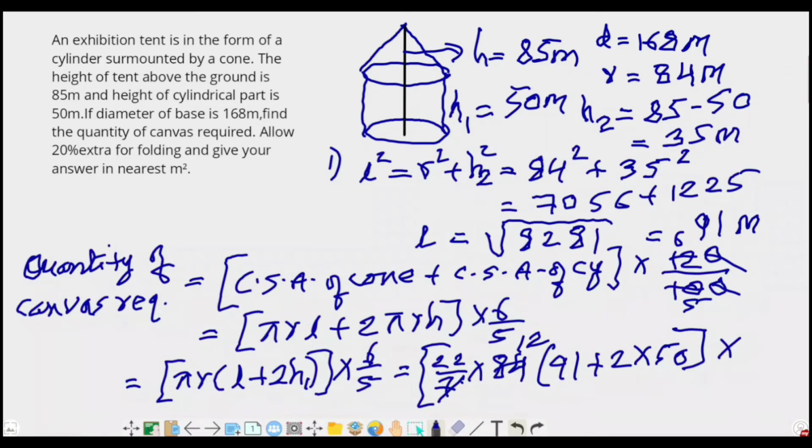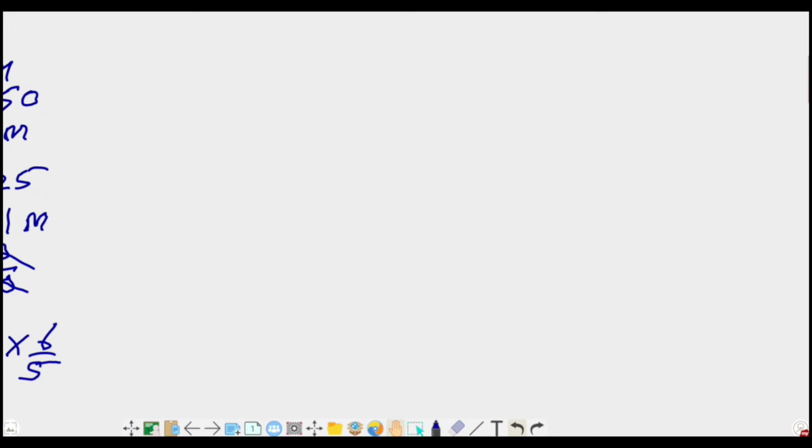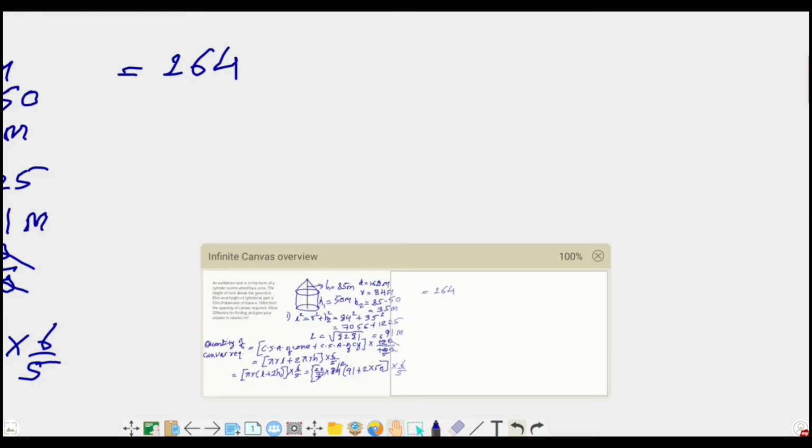Whole multiplied with 6 by 5. Now what is 22 into 12, students? It is 264. Inside the bracket, 2 into 50 is 100, and 100 plus 91 gives you 191.